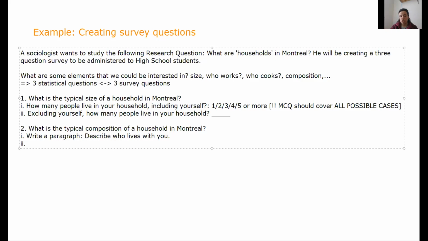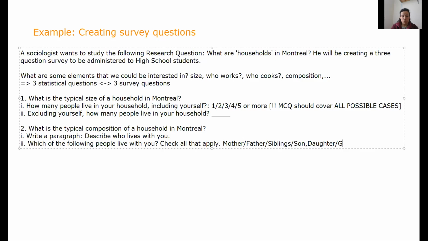Then another option is, which of the following people live with you? Check all that apply. So this is a checkbox question, and in this case you would have different possibilities. For example, mother, father, siblings, a son or a daughter, grandparent, basically grandfather, grandmother, aunt or uncle.